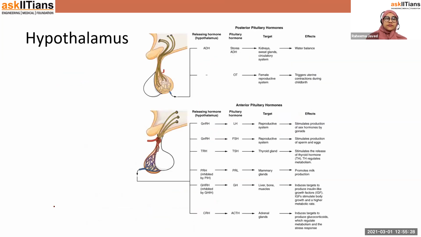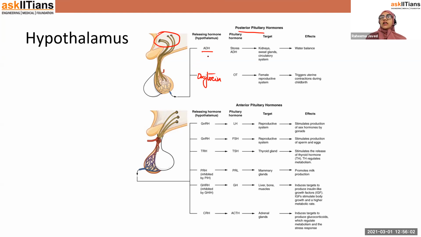We will discuss the secretions of the hypothalamus here. The posterior pituitary is explained first, and you can see the neuronal connection here, how the neurons go into the posterior pituitary. The synthesis of these two hormones, ADH and oxytocin, happens in the hypothalamus only.